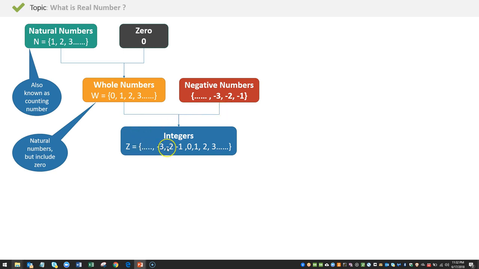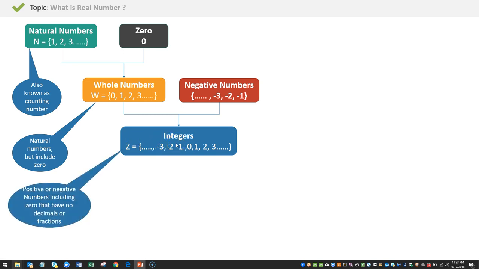They are also called positive integers, 0 and negative integers. So integers are basically positive or negative numbers including 0 that have no decimal or fraction. So far we came up to integers where we do not have any decimal and fraction included.